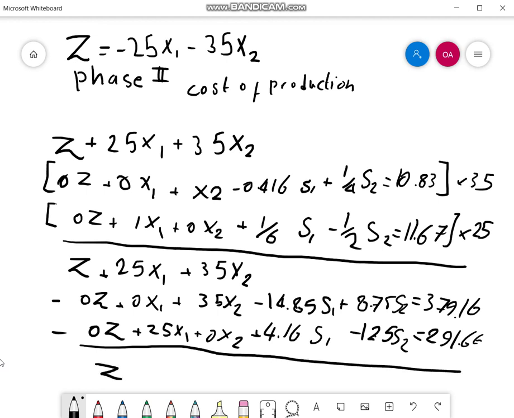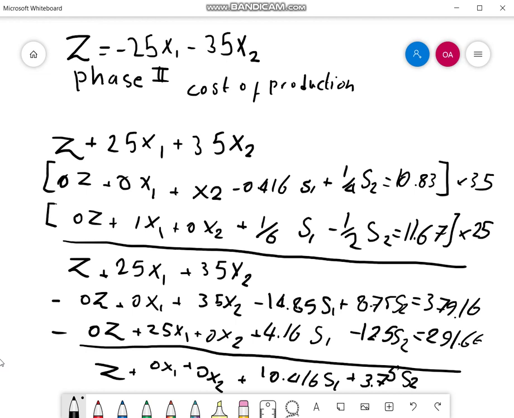We have z plus 0x1 plus 0x2 plus 10.416 s1 plus 3.75 s2.